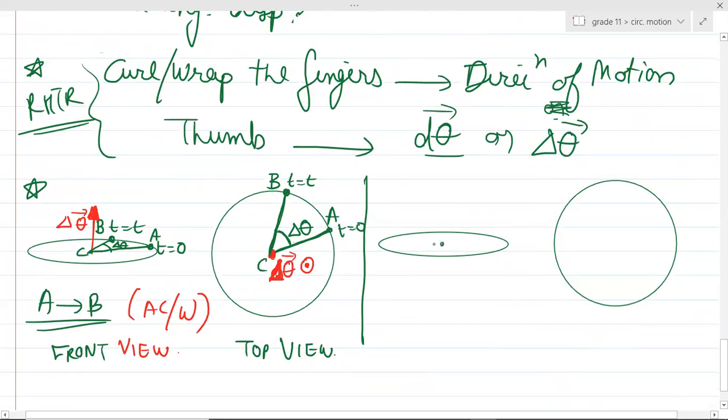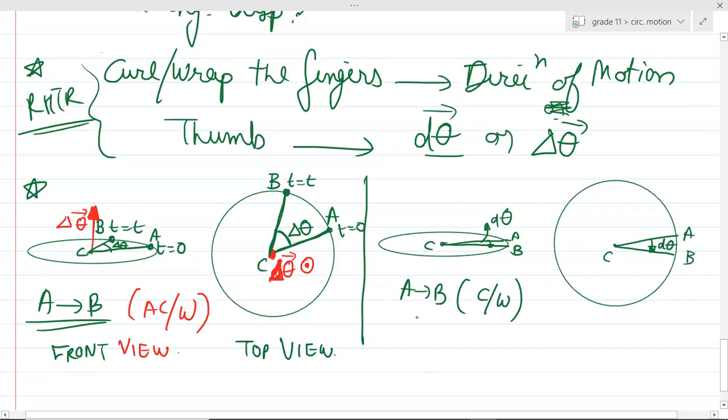Let's say this is the center. Now I'm going from point A to point B. Can you see this angle is very small? This angle is basically your d theta. Yes, sir. So I'm moving from A to B, and this angle is very small, d theta. Can you see I'm moving from A to B, guys? So that implies now I'm moving in clockwise sense. Yes or no, guys?